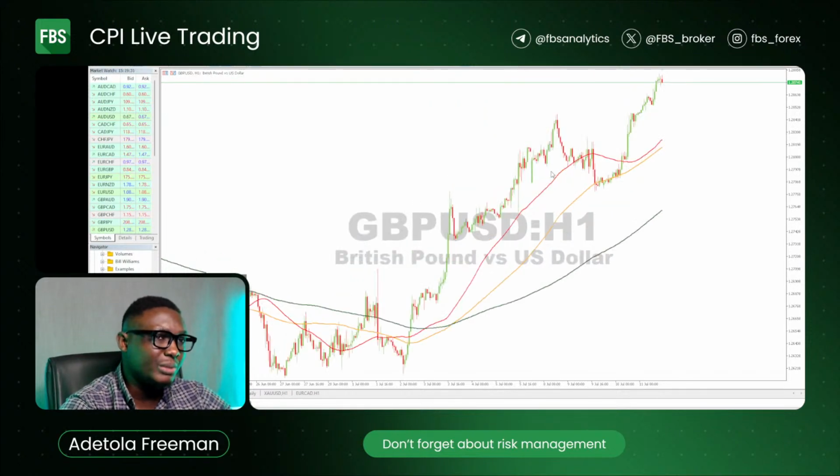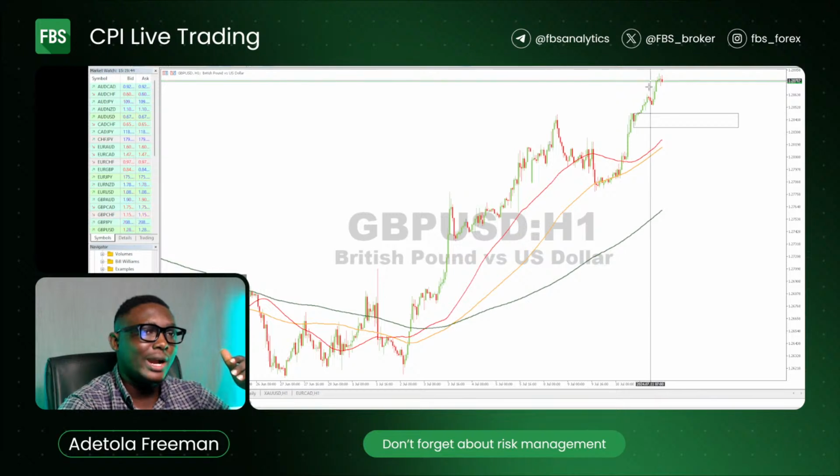So what I'm simply doing here is going back to my origin, which is pure smart money concept. And what I'm simply doing here is expecting that right here, price is going to take the liquidity from this inducement, come into my demand zone, and then possibly fly.